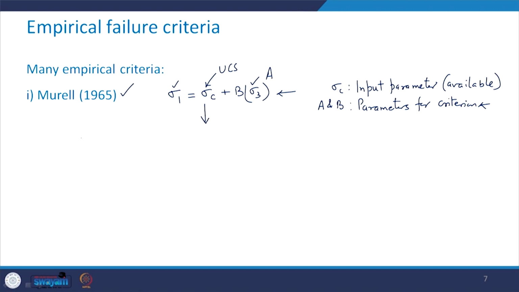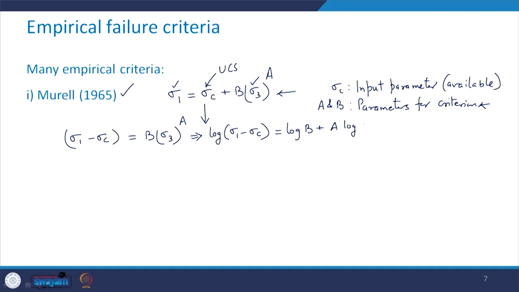I can write this equation as sigma 1 minus sigma c equal to b sigma 3 to the power a. Now you take the log on both sides of the equation and see what you will get: log of (sigma 1 minus sigma c) is equal to log of b plus a log of sigma 3.